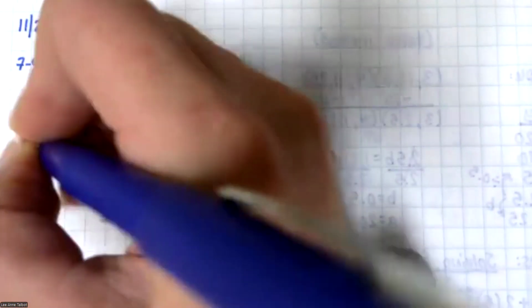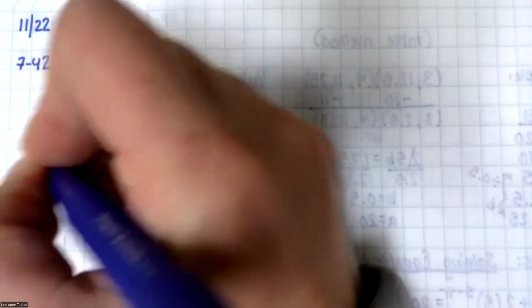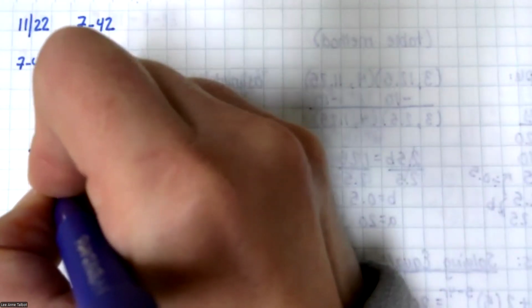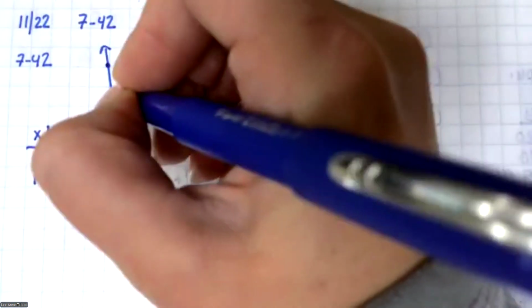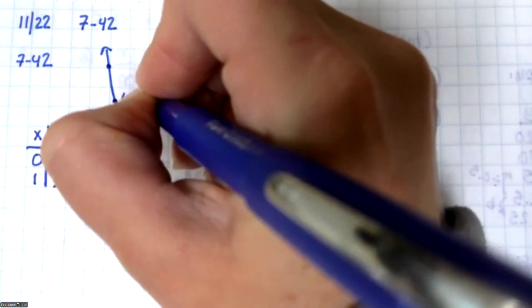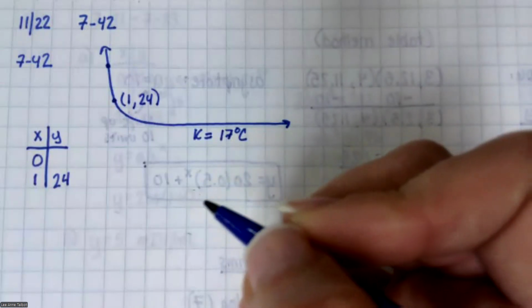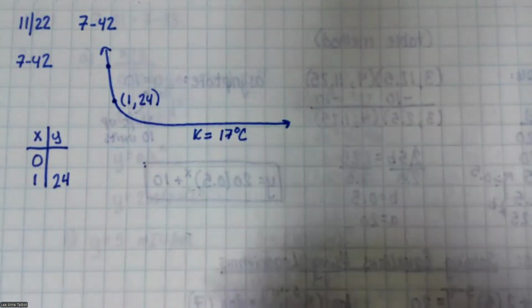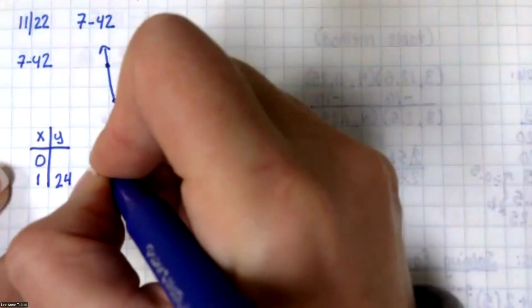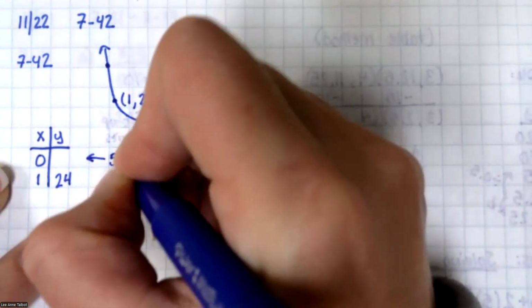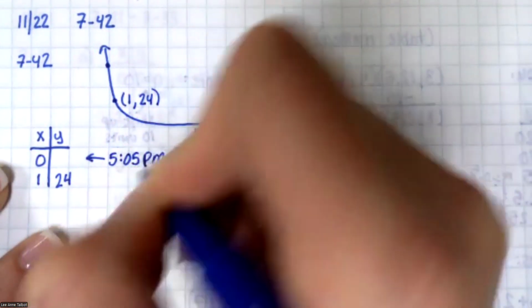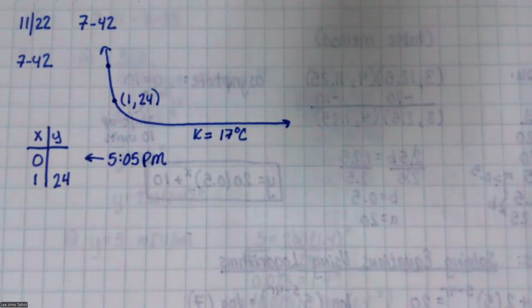He arrived at 5:05? Okay, now, what was the temperature at 5:05? 27 degrees. Okay.